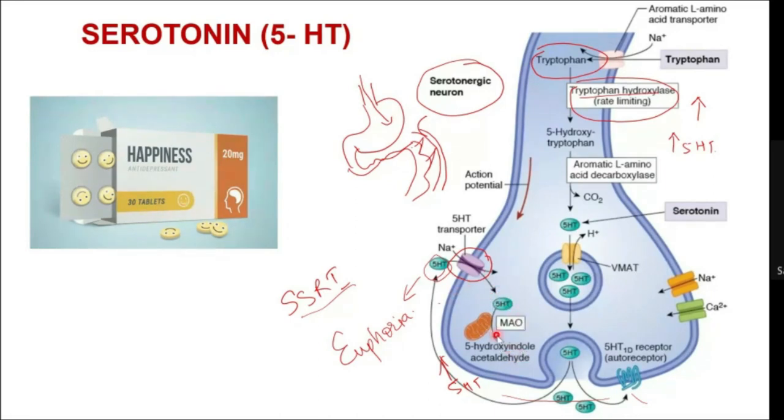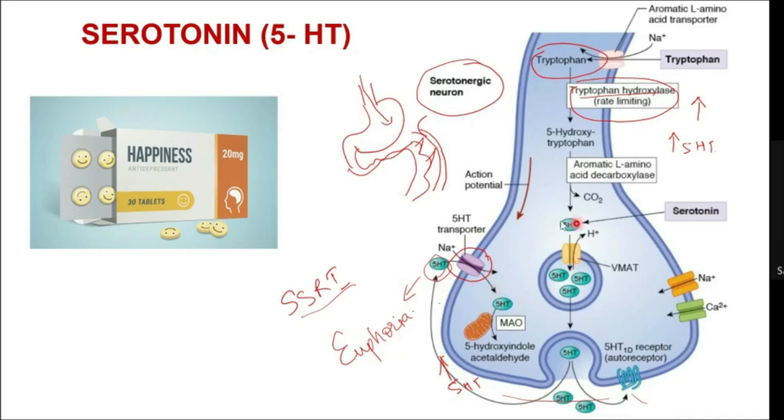For its metabolism, we require an enzyme which we call MAO. MAO is monoamine oxidase. This monoamine oxidase is going to metabolize my 5-hydroxytryptamine into a compound which we call 5-hydroxyindole acetaldehyde. So this is a principal metabolite of serotonin.